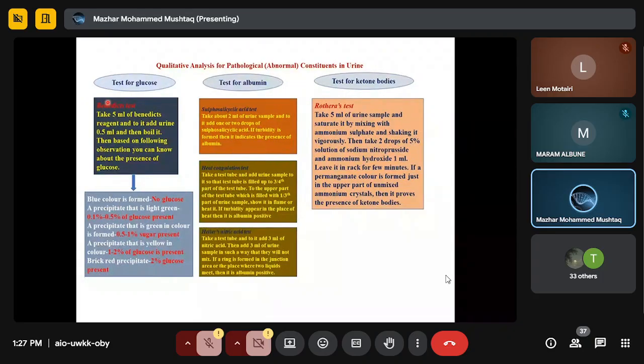You should not get confused between the Rothera test and the Benedict test. We may ask whether for the measurement of ketone bodies we use the Rothera test, Benedict test, or heat coagulation test, and you have to give the right answer: for ketone bodies it is the Rothera test.